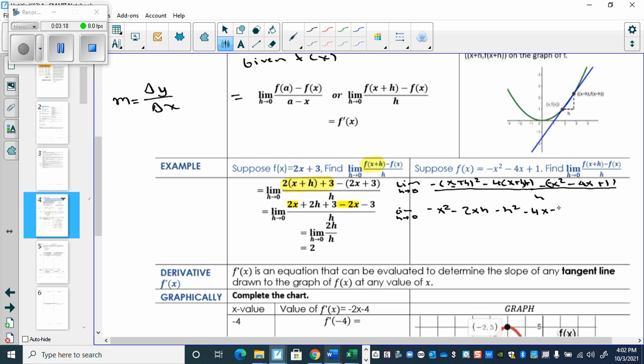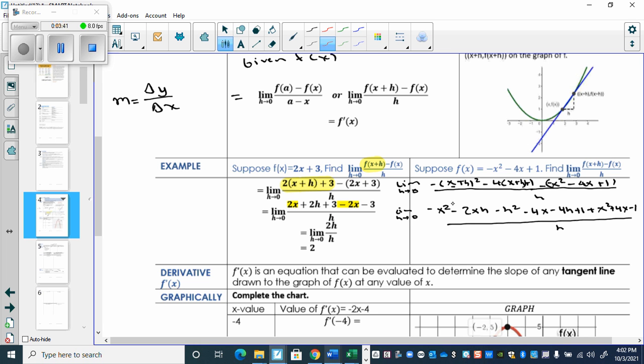I get a negative 4h. Okay, and then I have a plus 1. And I'm going to do the opposite of everything here. So plus x squared plus 4x minus 1. And all of that is divided by h. And this is just the use of the difference quotient.